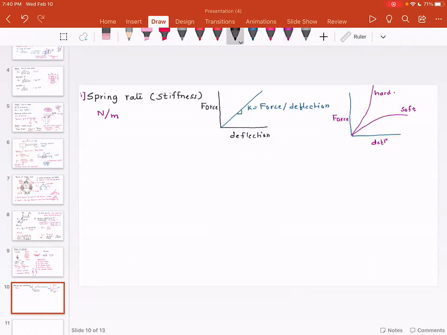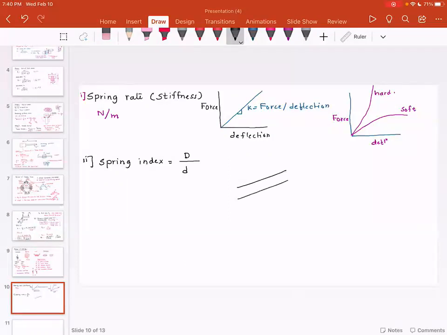The second important parameter is spring index. Spring index is the ratio of the coil diameter to the wire diameter. And this may need a little bit of explanation.